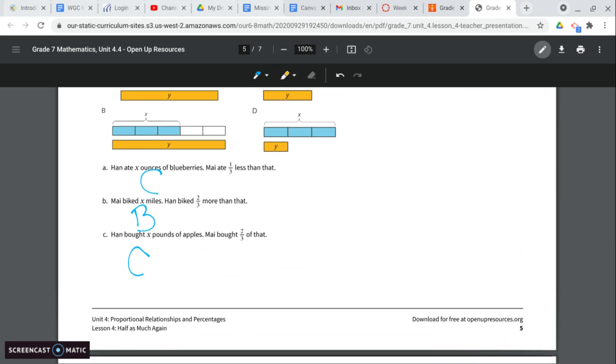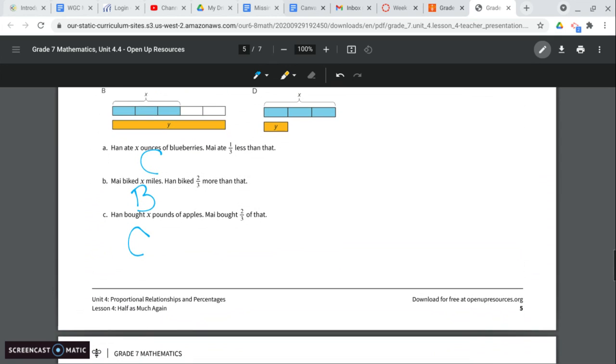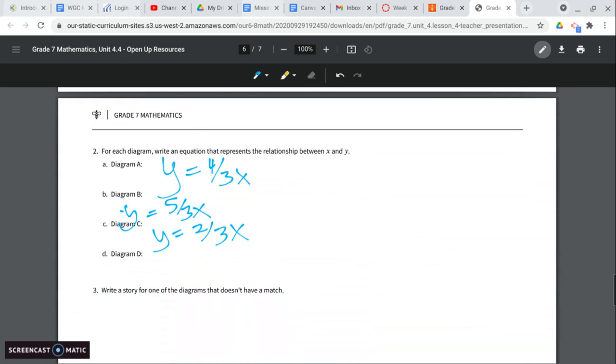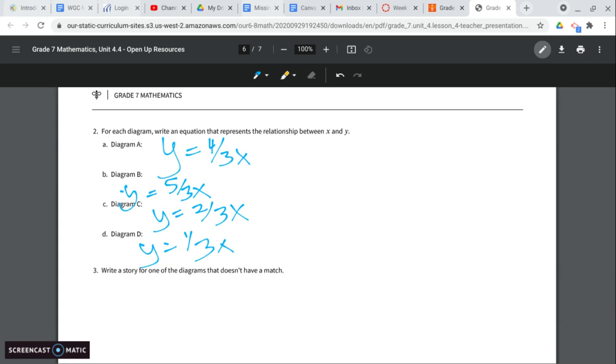What portion of x is it representing? Well, it's representing 1/3. So it's 1 out of the 3. So y equals 1/3 x.